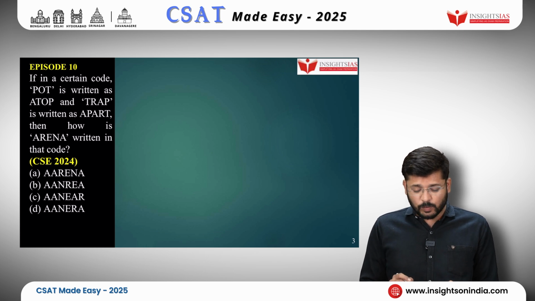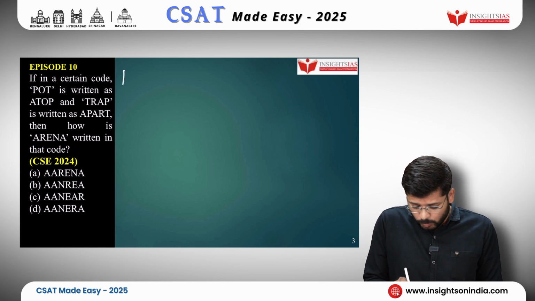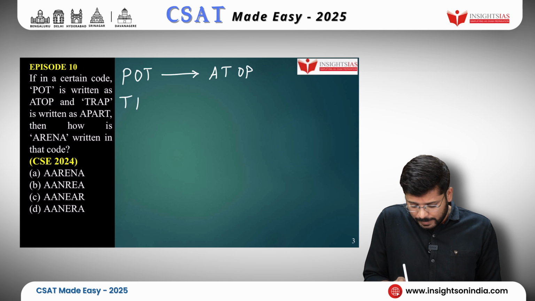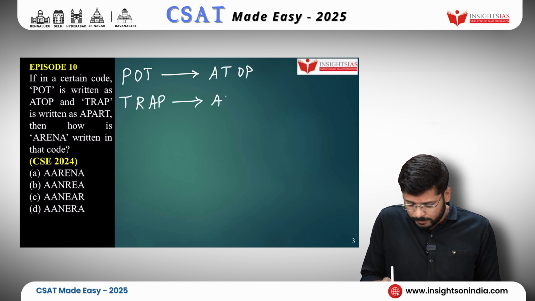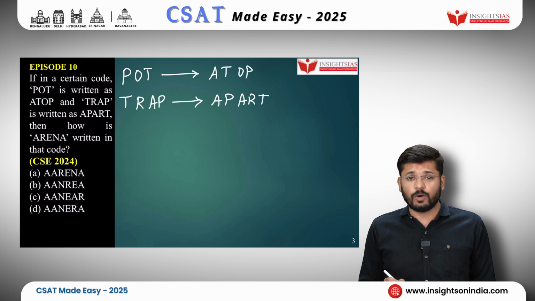Now let's see what is the logic based on which the first two examples have been coded. Pot has been coded as atop. Then what about trap? Trap has been coded as apart. Do we see the logic? Yes, right. It is very obvious.